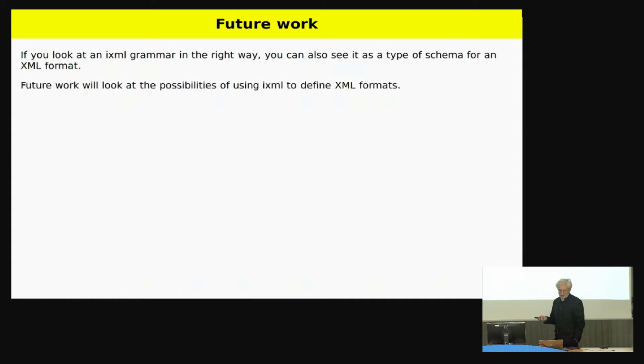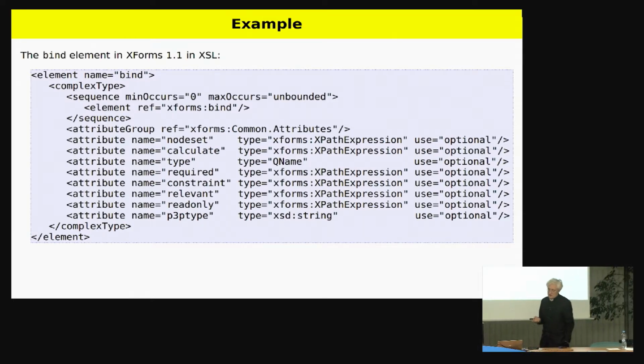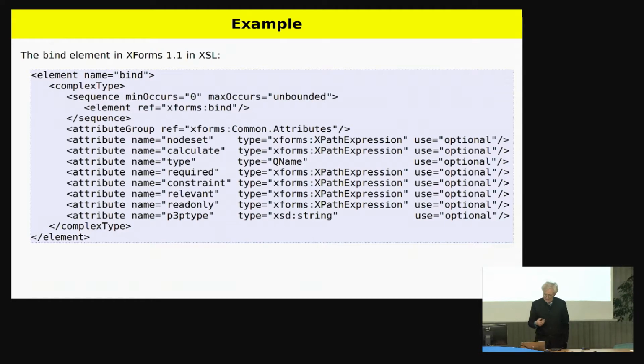And so what we want to do in the next steps is to look at the possibilities of using ixml to define XML formats. For instance, this is the XSL description of the bind element in XForms 1.1 in the spec. This says that bind is a complex type.